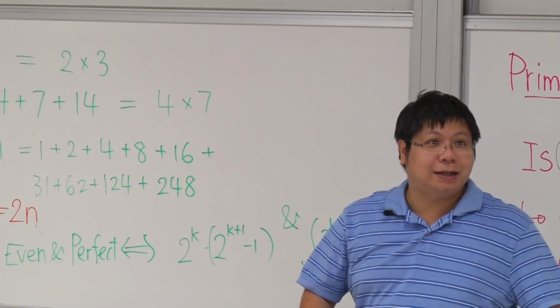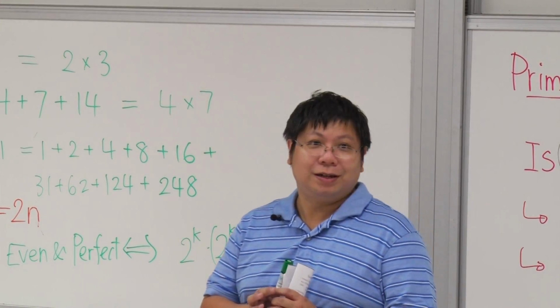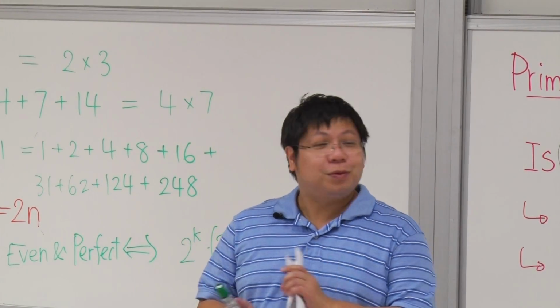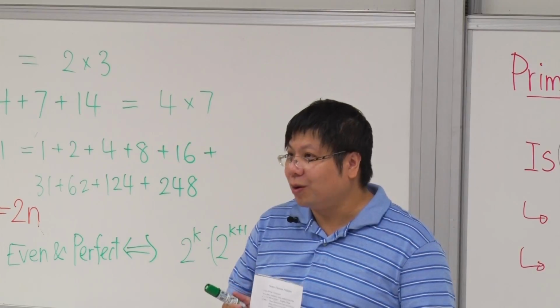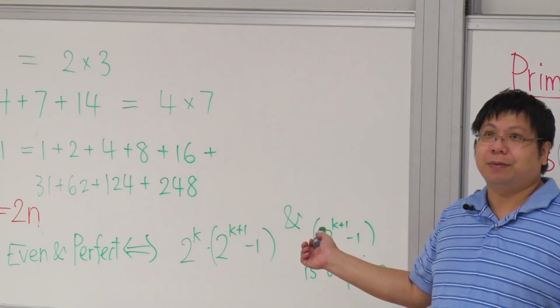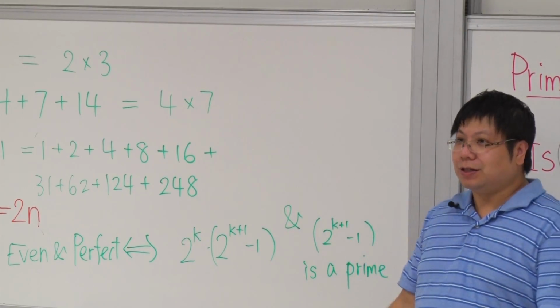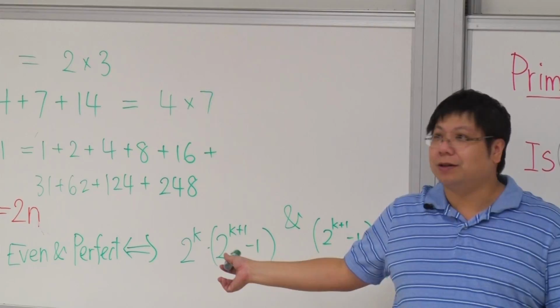Okay, but how about odd perfect numbers? Nobody knows. So far, nobody knows whether there exists any odd perfect number. But the characterization of all the even perfect numbers is known. So this is another positive result that we have.